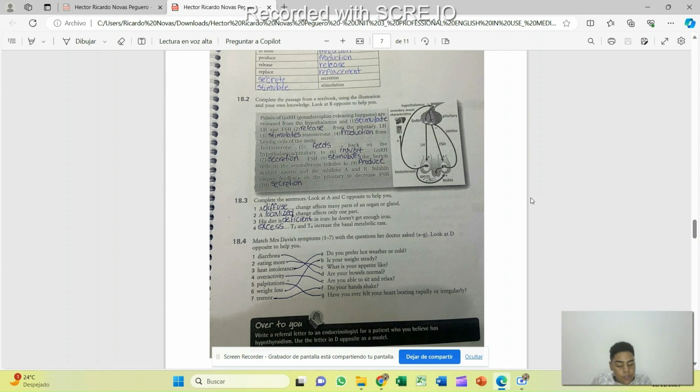Inhibin causes feedback on the pituitary to decrease FSH secretion.